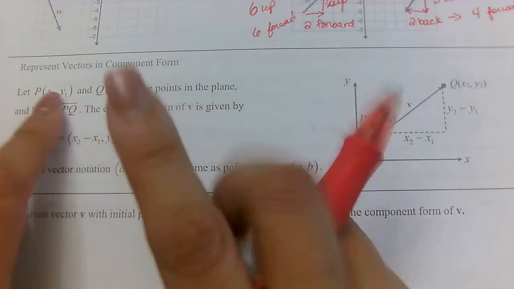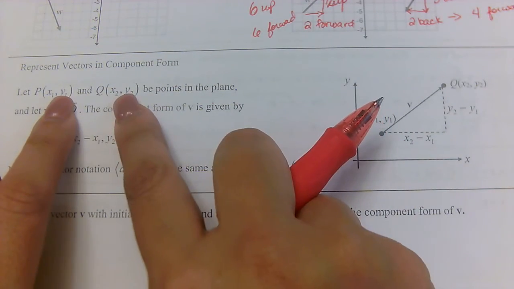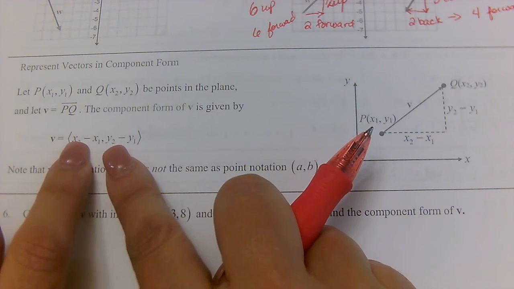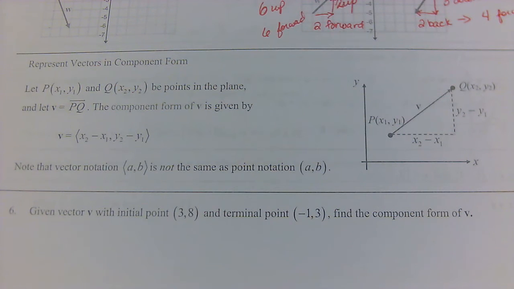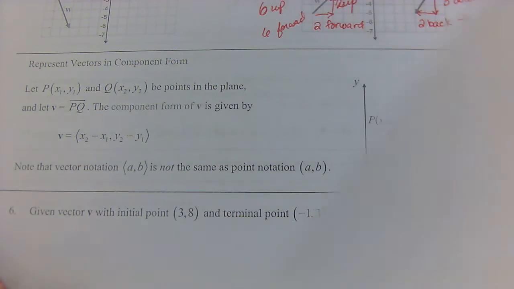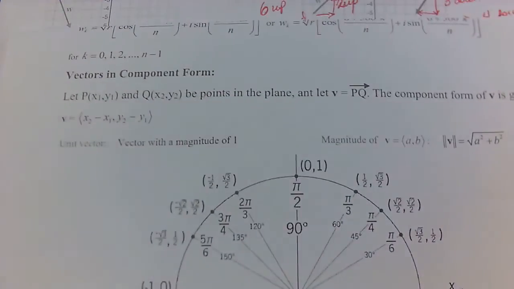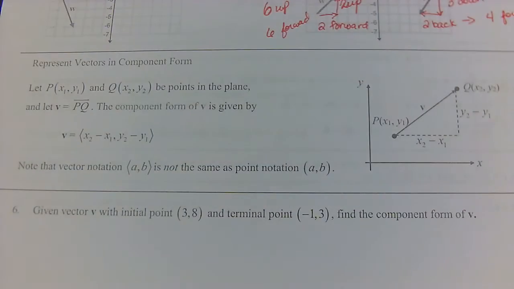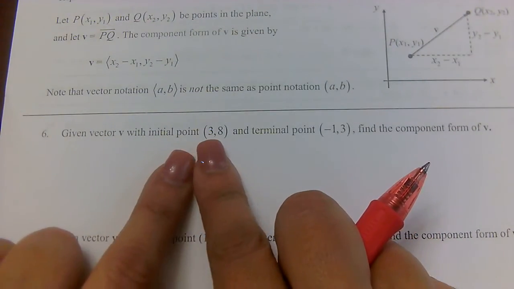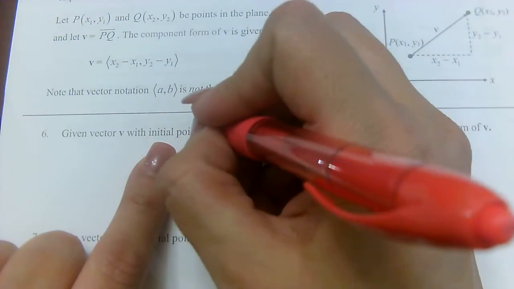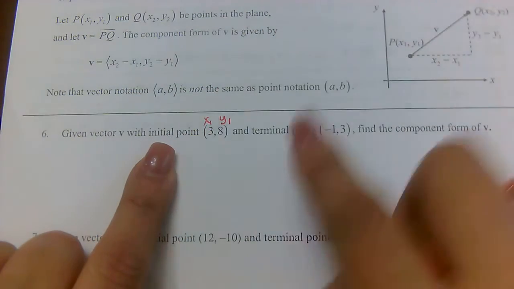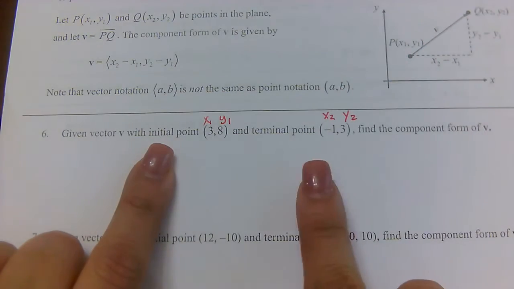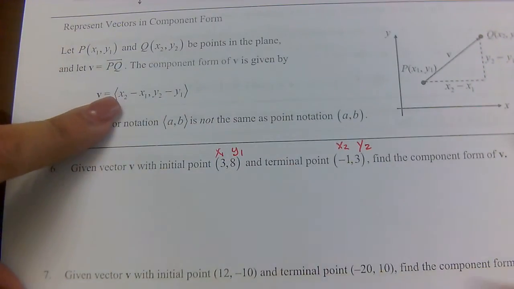The next part here is talking about representing vectors in component form. Now, when you're given your initial point and your terminating point, we can translate that to a vector or the size. If you look on your reference sheet, you will see those formulas are located right here. Okay, so you have those. I'm going to label this my initial point as x1 and y1, and my terminating point is x2, y2. Now let's just use the formula.